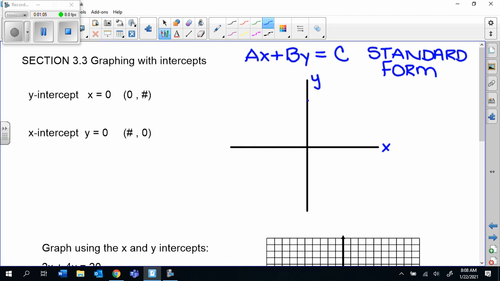And so if we have a point, say here, the x value would be 0. We didn't go to the left or to the right any. And the y value would be whatever number up or down it could be. For the x-intercept, we're going to have some point that lies right there on the x-axis. And so the number is actually going to come first.